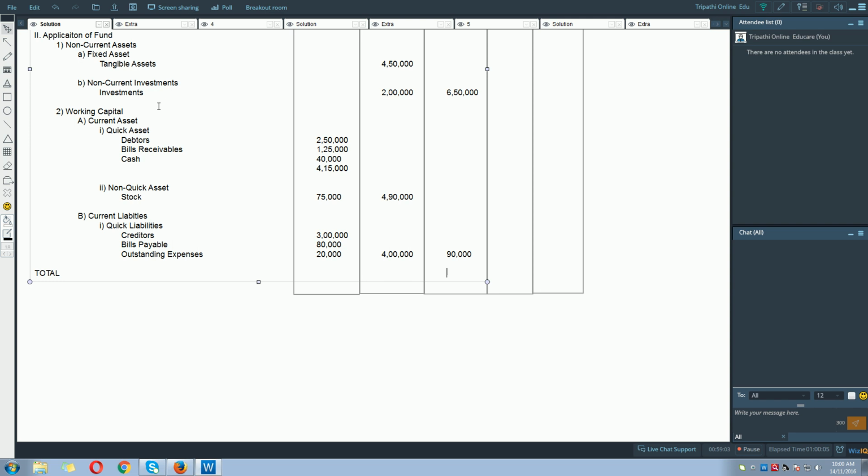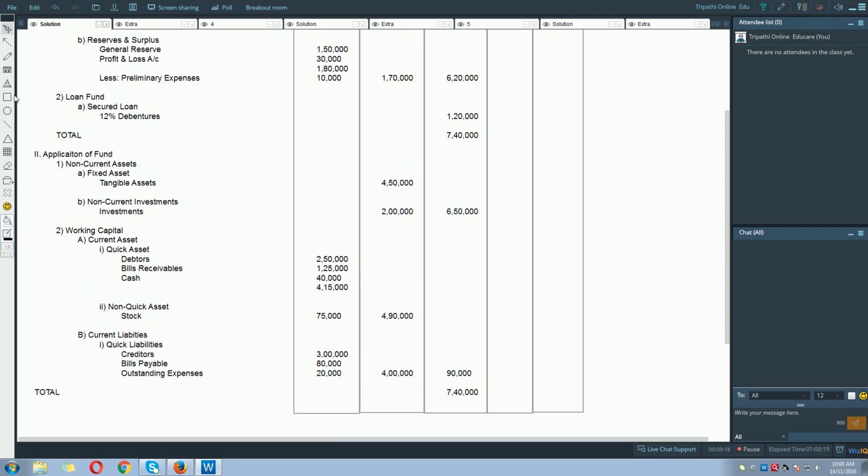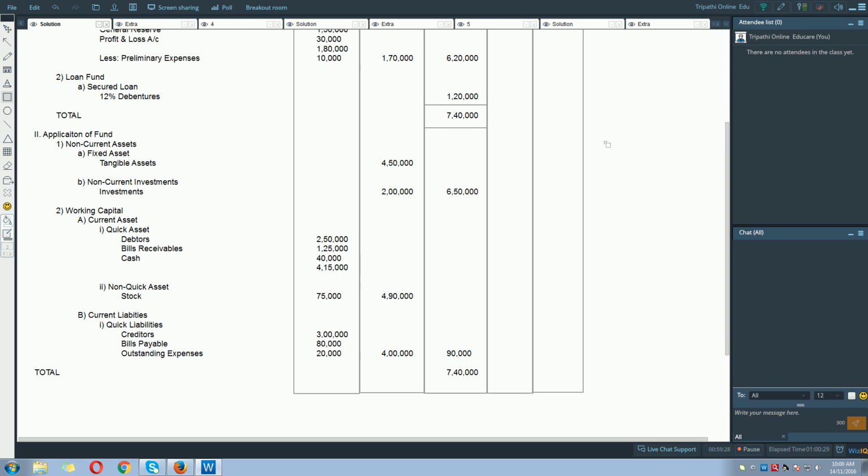So creditor 3 lakhs, then bills payable 80,000, then outstanding expenses 20,000.